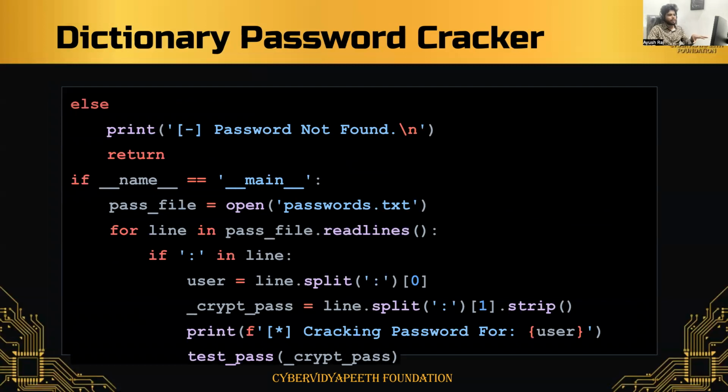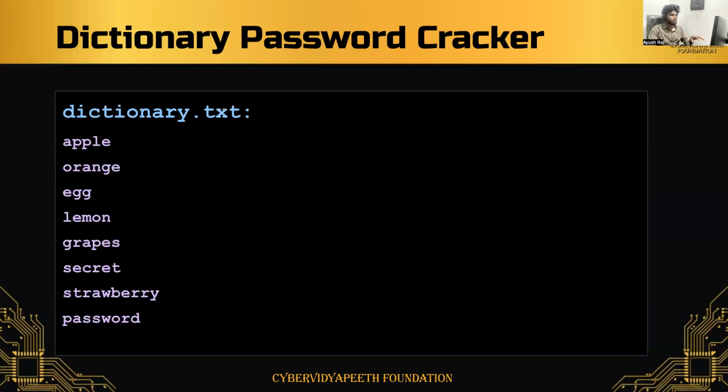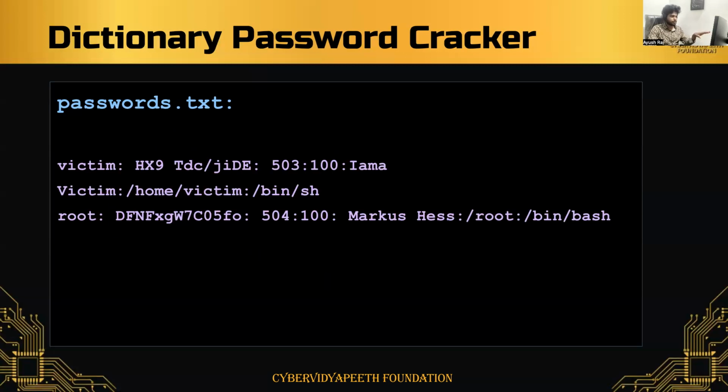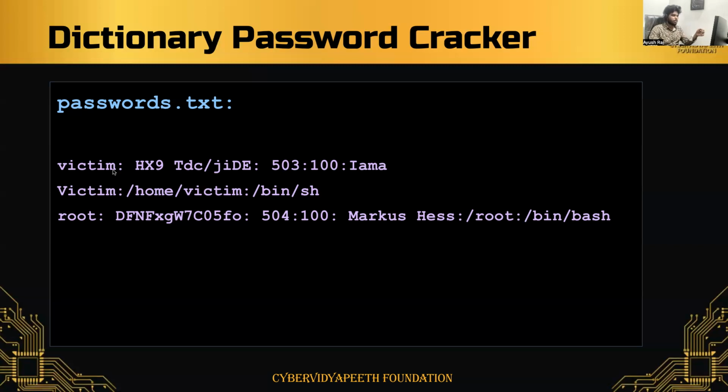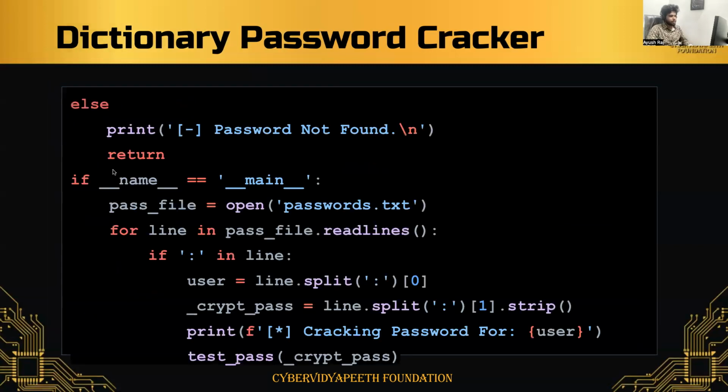And after reading that, it will split these lines into a list, in which the first one will be the victim and the second one will be the hash, splitting on the basis of this symbol. So here what we did is split out the username and saved it as user.